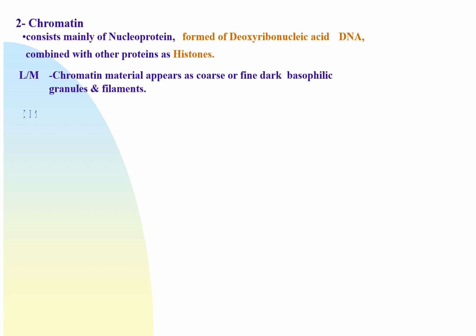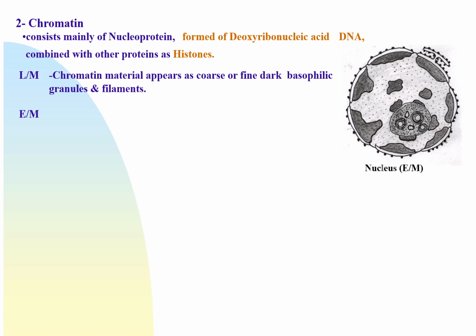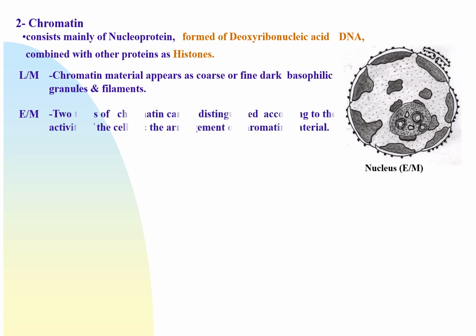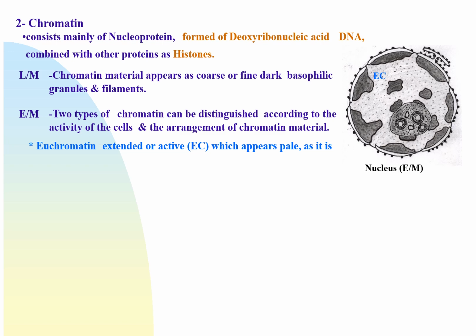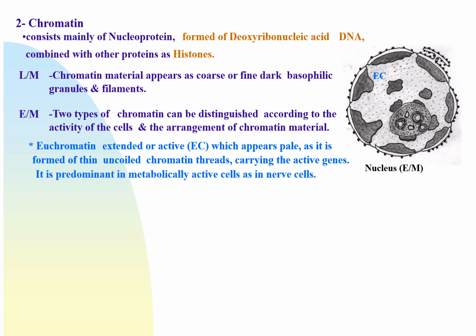By electron microscope, two types of chromatin can be distinguished according to the activity of the cell and the arrangement of chromatin material. Euchromatin, or extended or active chromatin, which appears pale and is formed of thin, uncoiled chromatin threads carrying the active gene. It is predominant in metabolically active cells as in nerve cells.